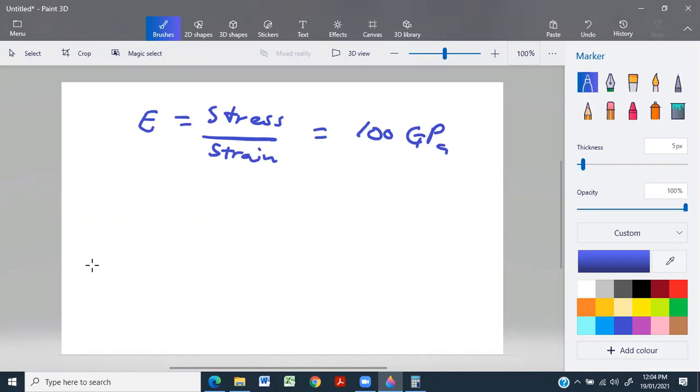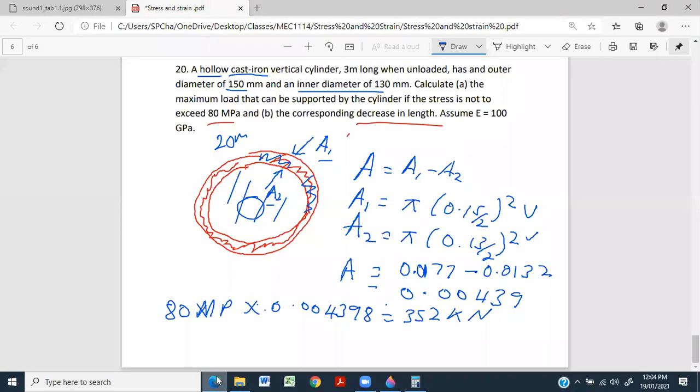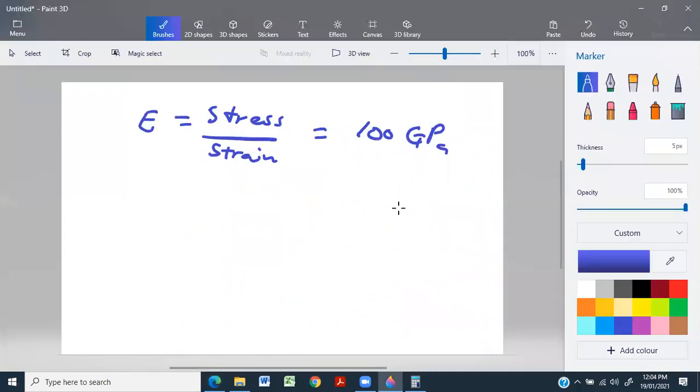Let's just double check, make sure it's the right thing. E is 100 gigapascals. So therefore, strain is this over 100 gigapascals.